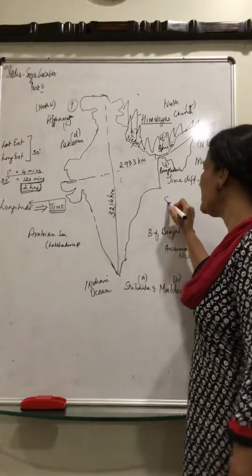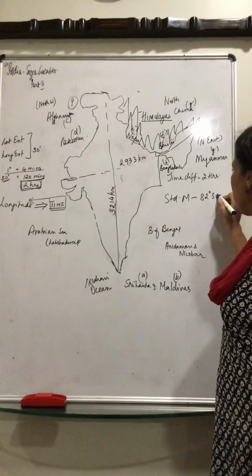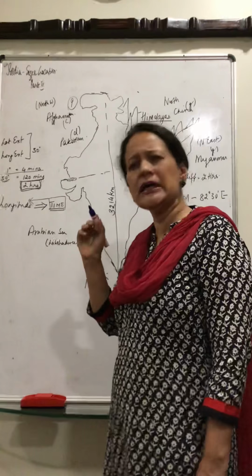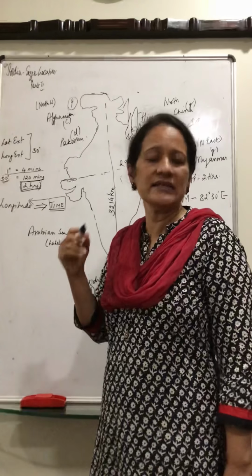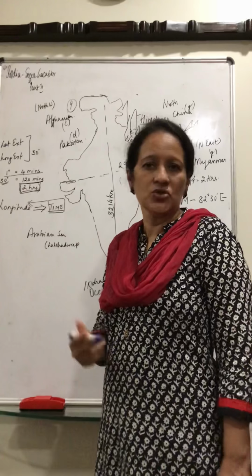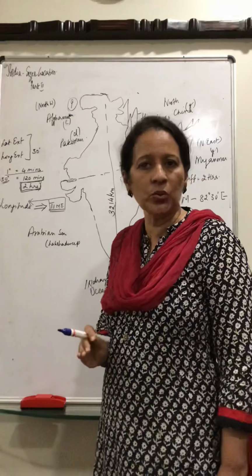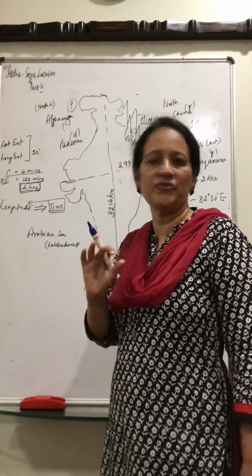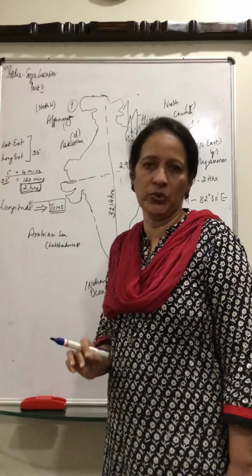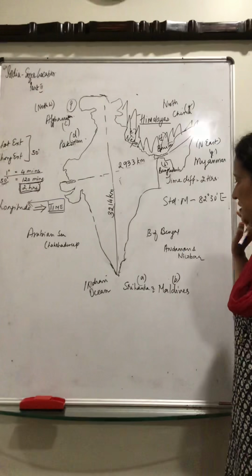So your standard meridian is your 82 degrees 30 minute east longitude, passing nearly through the center of India in the state of Uttar Pradesh through a place called Mirzapur. So when the sun over there is overhead, that is 12 o'clock noon, all the places of India consider their time also to be 12 o'clock noon. So this we spoke about India's standard meridian.